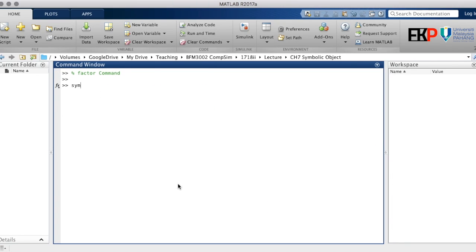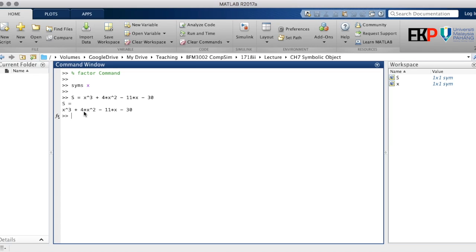Now let's say we have a symbolic object s, and we have the expression s equal to x to the power of 3 plus 4 times x to the power of 2 minus 11x minus 30. So this is our symbolic expression.